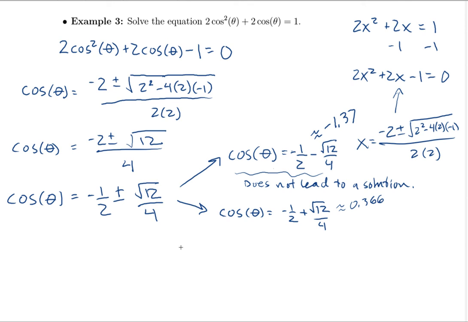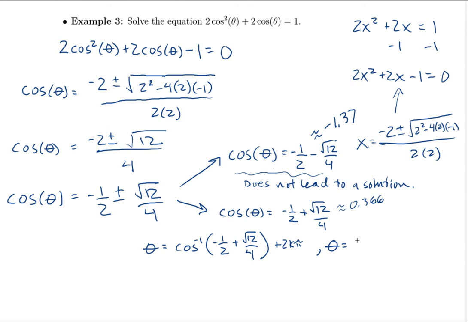So I can go ahead and say, well, then theta is equal to the cosine inverse of this. I'm using cosine inverse because this is certainly not a special value, plus 2k pi. But also, theta could be 2 pi minus that, or the negative of it. You can say it either way, I suppose.